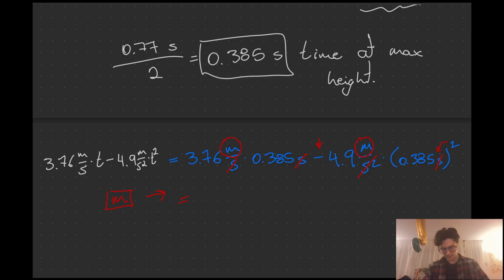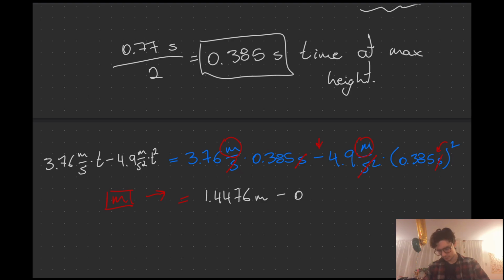So what do we get here? We get 3.76 times 0.385. This is 1.4476 meters minus, we have 4.9 times 0.385 times 0.385.